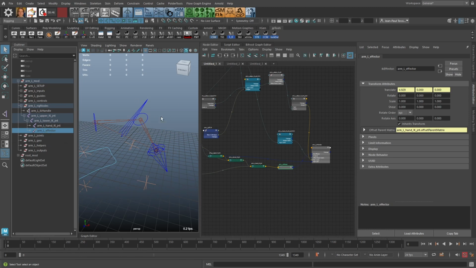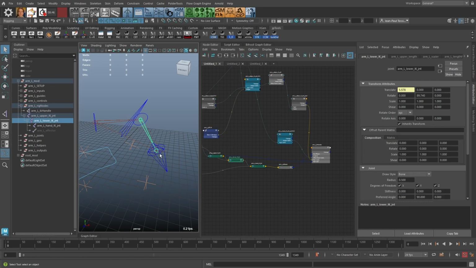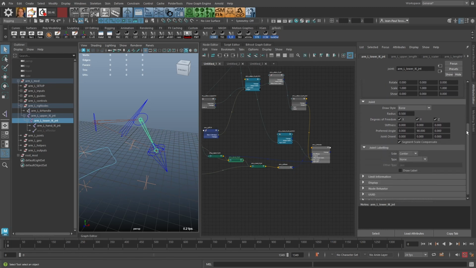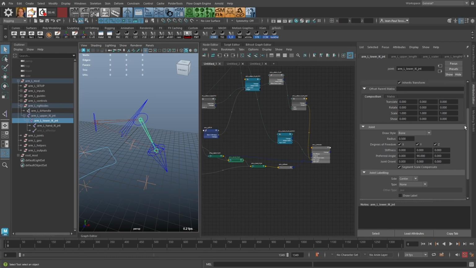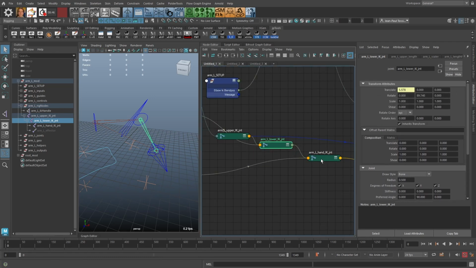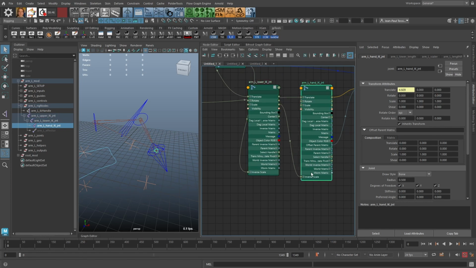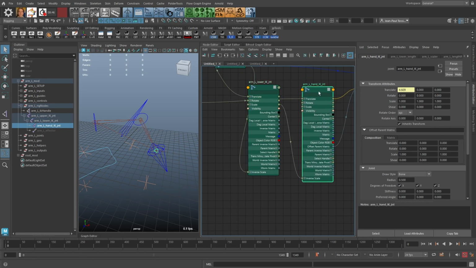And it takes multiple steps, and it uses joints, and joints have extra matrix multiplications inside of them because of the joint orient matrix that is calculated as well, and the inverse scale matrix that is calculated because of the plug of the scale of the parent going into the inverse scale of the child joint, and this calculates an inverse world matrix to prevent the children from scaling with the parent.